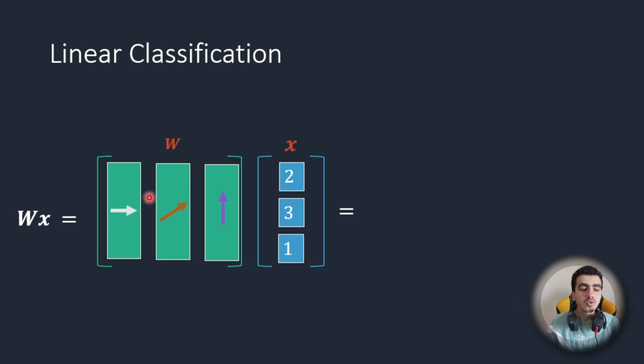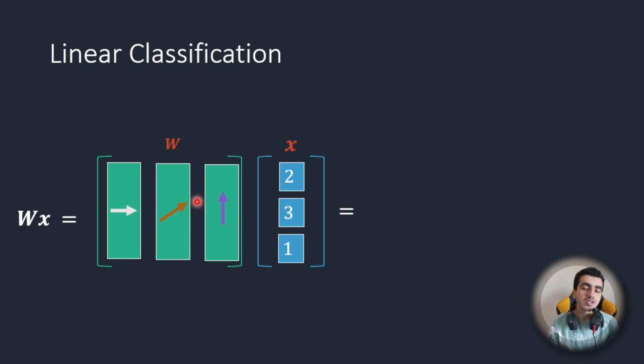Any vector multiplied by this matrix W will have its magnitudes moved along these directions. So this weight matrix is transforming the input vector into another vector, which we call the prediction of the model.